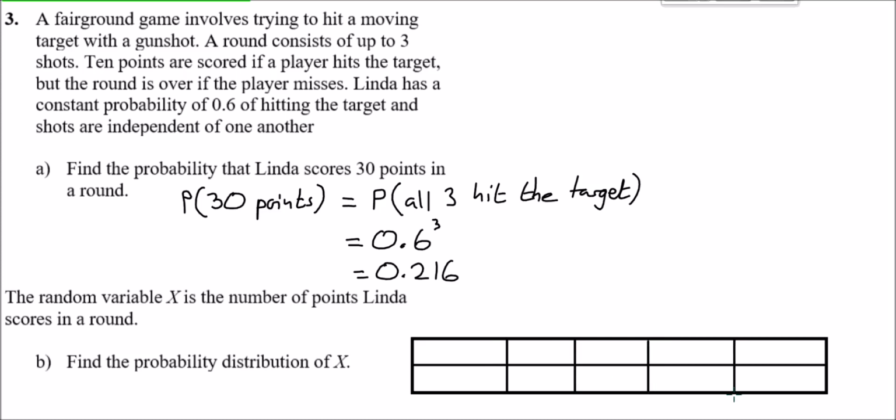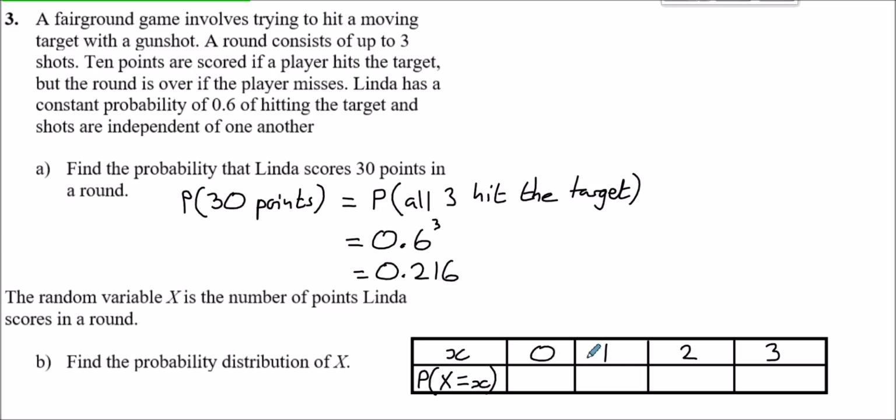So X could be anywhere from 0 to 3. No hits, 1 hit, 2 hits, or 3 hits. So now we need to think about the probability that our random variable takes on each of these particular values.